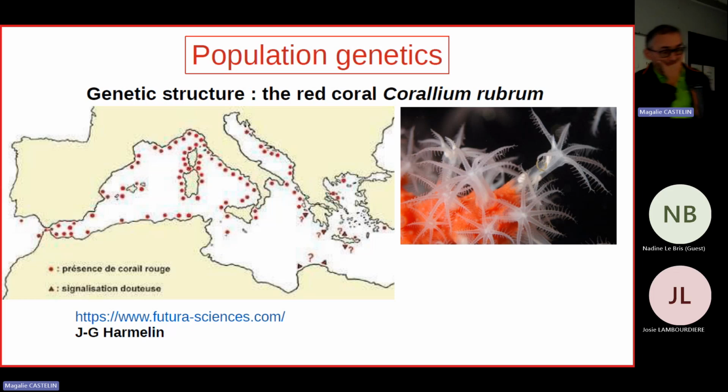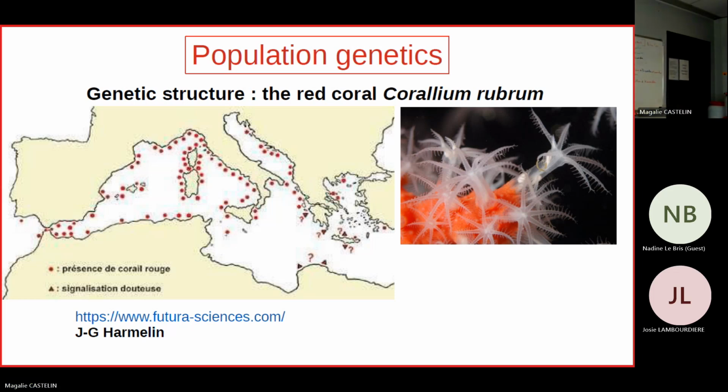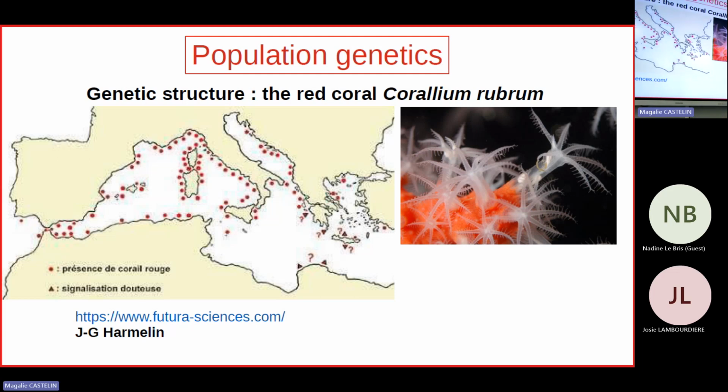So here is a map of the known sites of red coral. It's mainly a Mediterranean species with a few populations in the Atlantic. There are some populations along the Moroccan coast and the southern Algarve Portuguese coast.